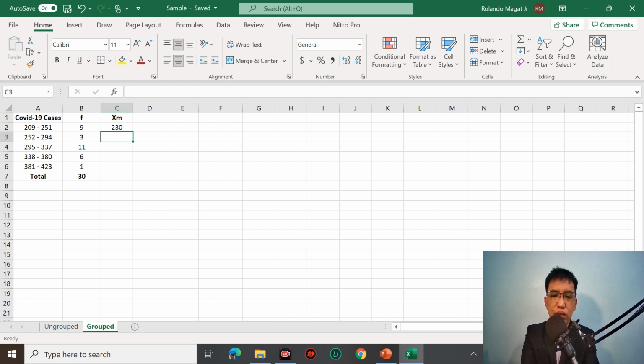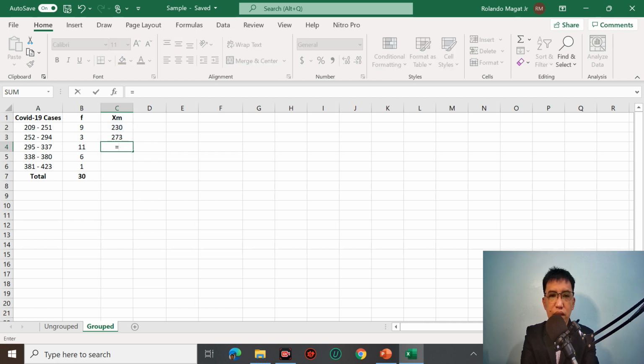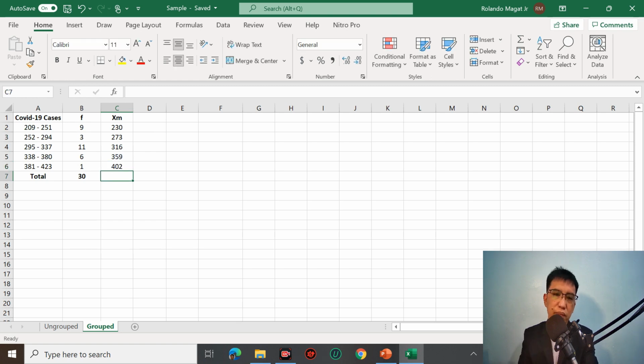We have 230, then plus 43, then plus 43 again, and so on. You will still get the same answer. So this is the column for the midpoint.